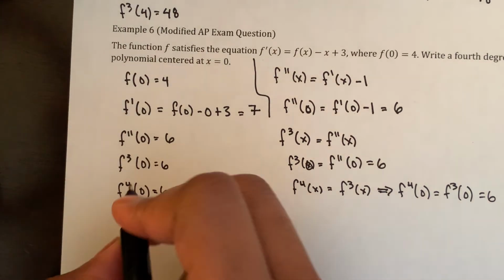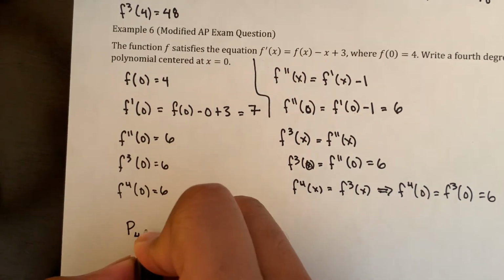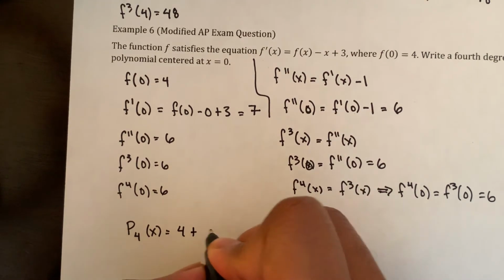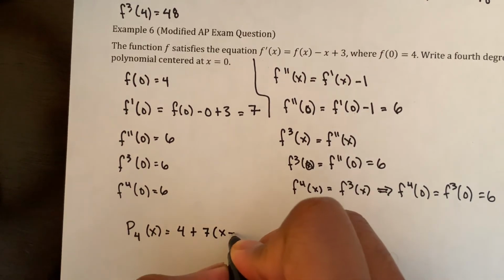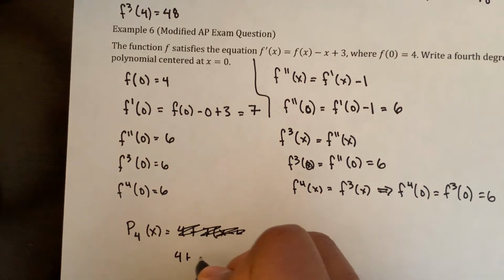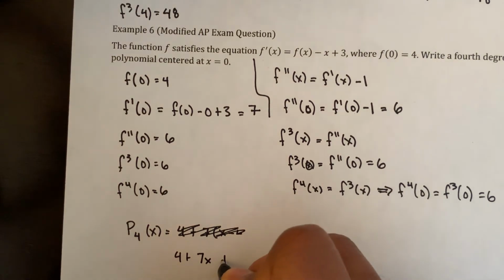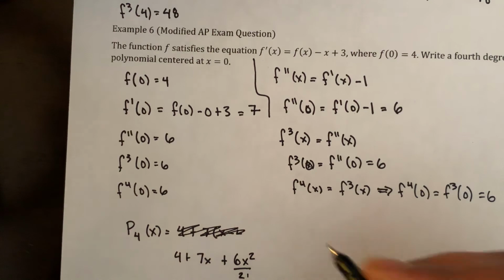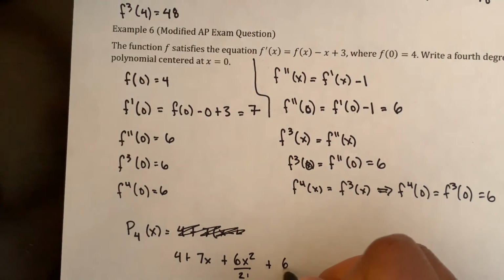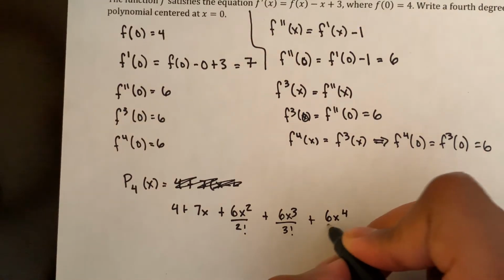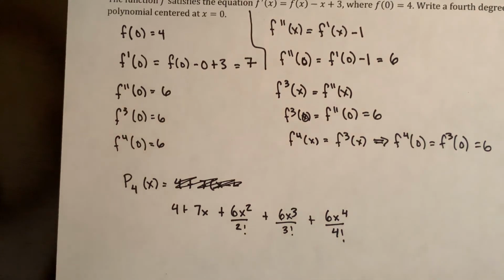So if we write our expansion, we know that P4 of x is 4 plus 7x plus 6x squared over 2 factorial plus 6x cubed over 3 factorial plus 6x to the 4th over 4 factorial.